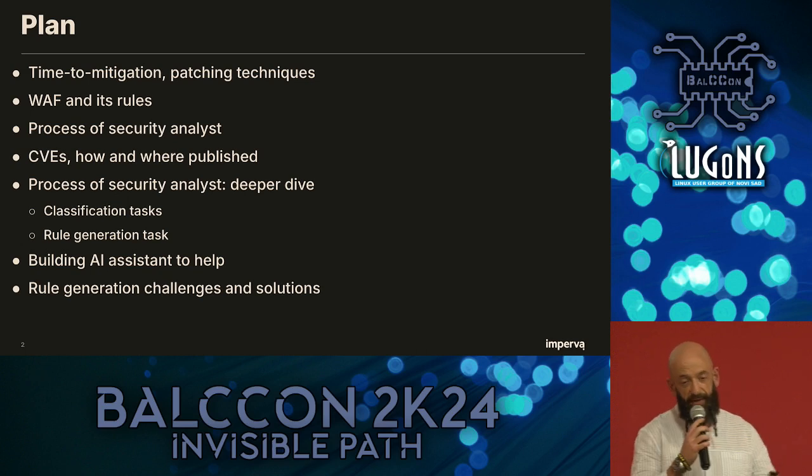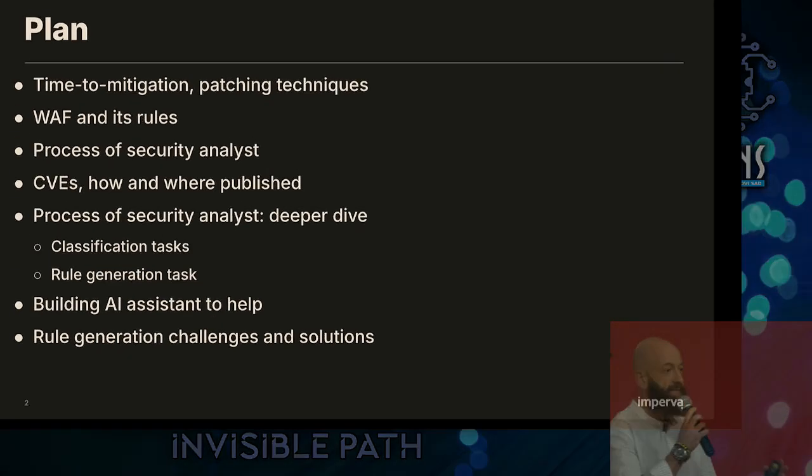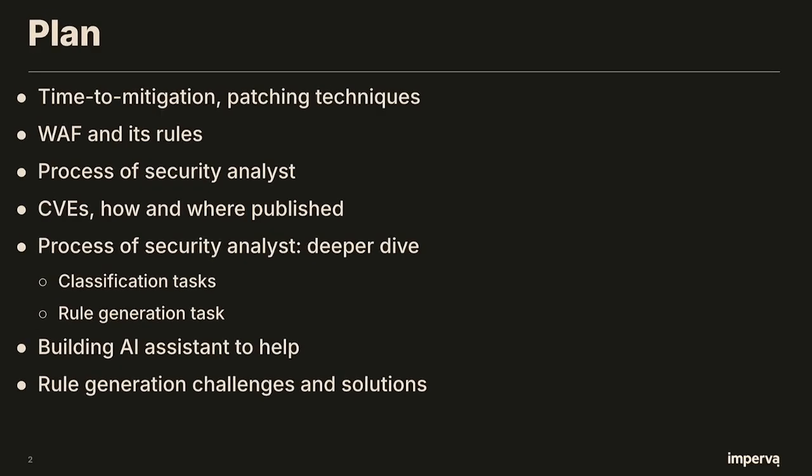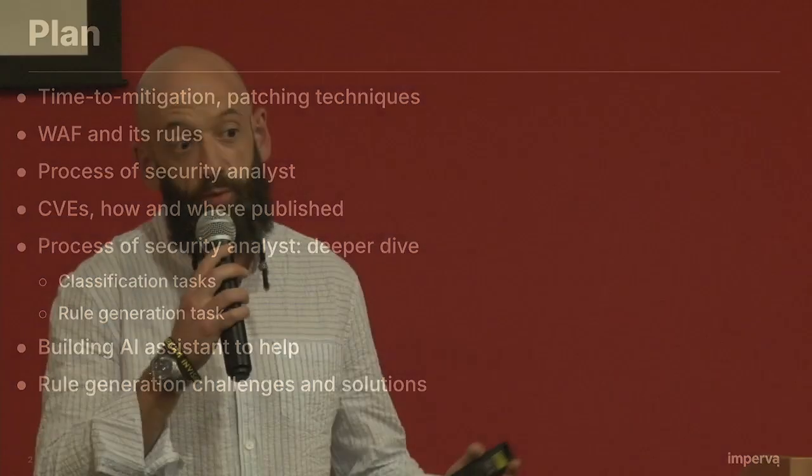Then we're going to dive deeper into the process, see which tasks security analysts should do in this context. And we're going to talk about the challenges in these tasks, how we solve them using an AI assistant, and what lessons we can learn, and what's in there for you if you use generative AI, which I guess nowadays most of us use in one way or another.